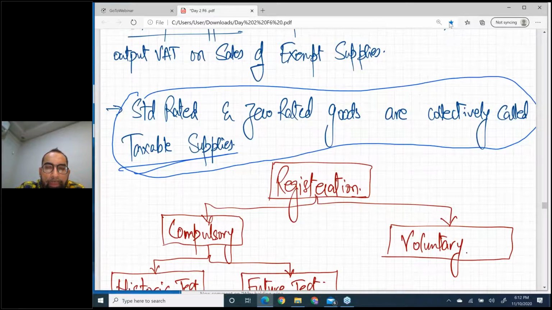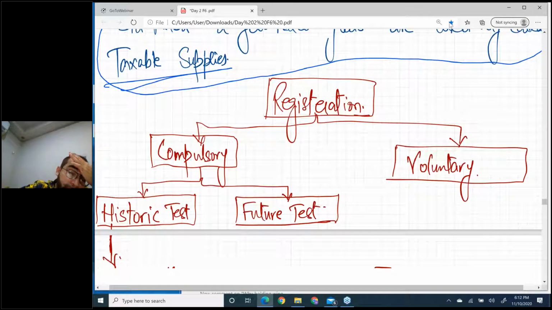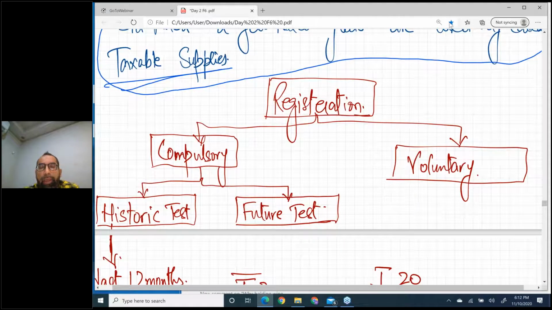Now one thing is registration. First of all, if you have your pen and paper, you can write two lines. Only a registered trader can charge output VAT on sales. What does it mean?